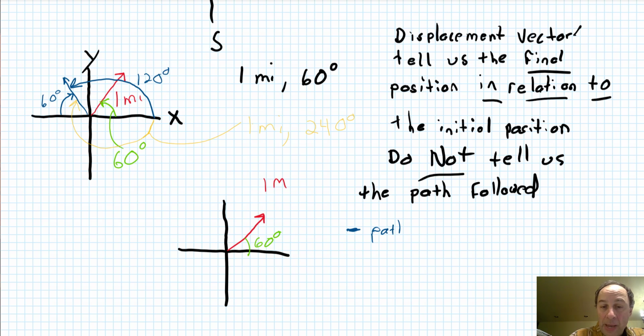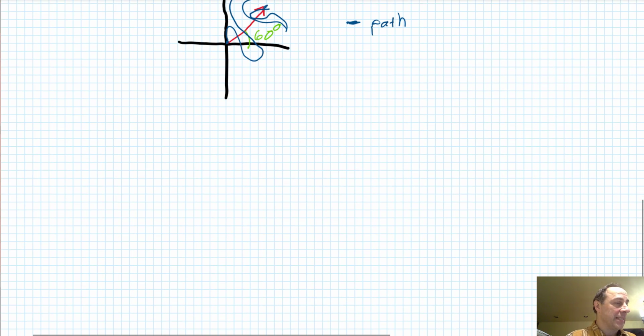We don't know what that path is. We know it started here, and we know it ended here. But it could have done this. It could have done anything. We don't have that information. All we know is the starting and ending point. So displacement is the change in place.